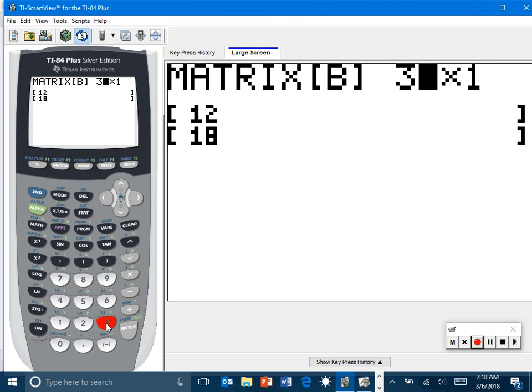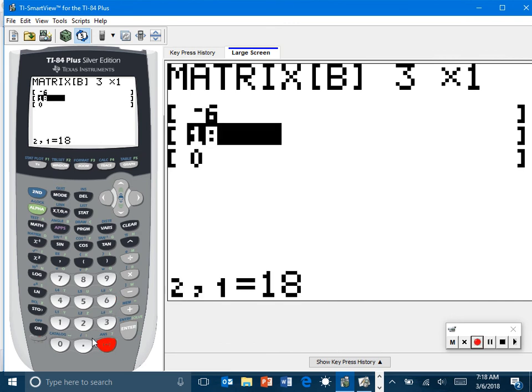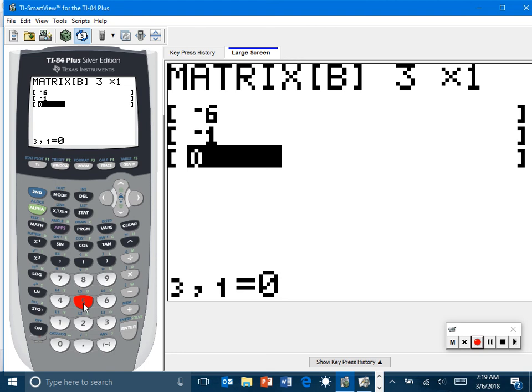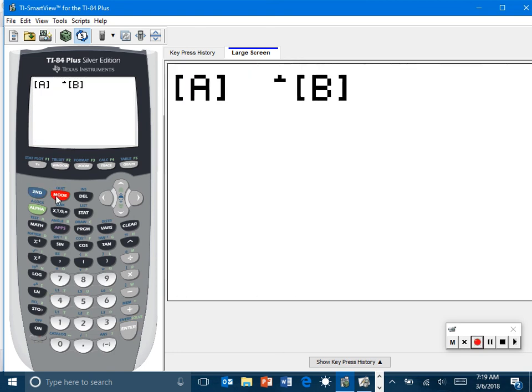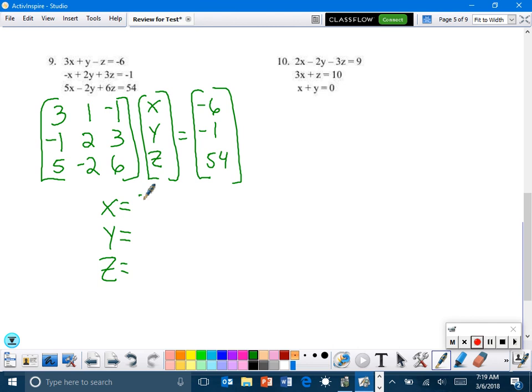And again, you have to change your dimensions for matrix B. All right, quit. Second enter. If you've been doing it, you don't have to redo all that. And voila, there's our answers. Okay, no decimals. No decimals. All right, so 2, -7, and 5.